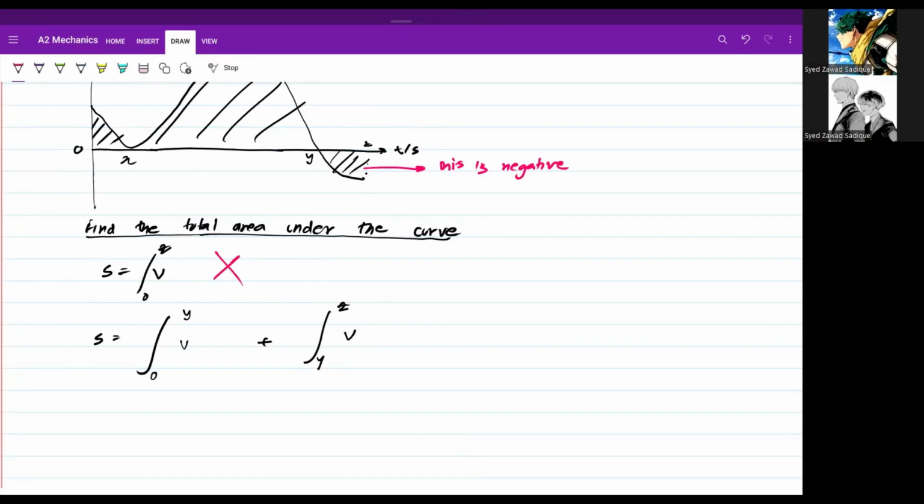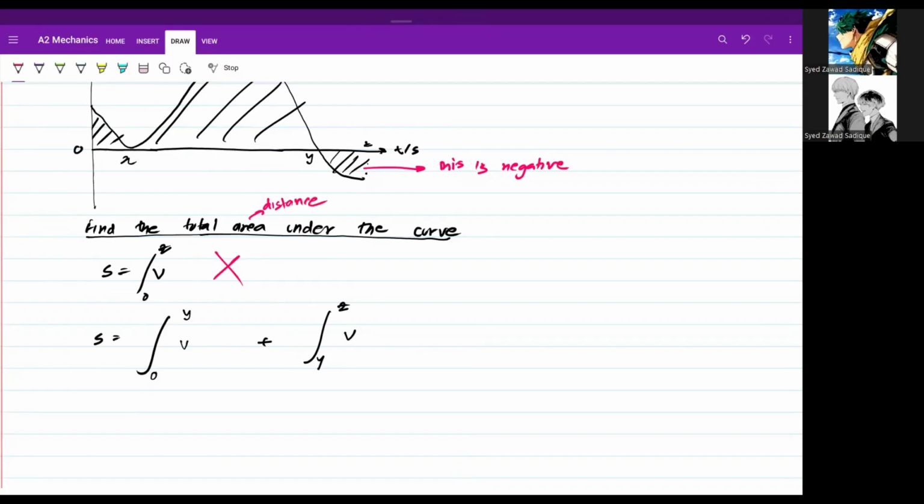When you give the limits from 0 to Z, you don't find the total area. The negative area becomes subtracted, so it's more like you're finding displacement.